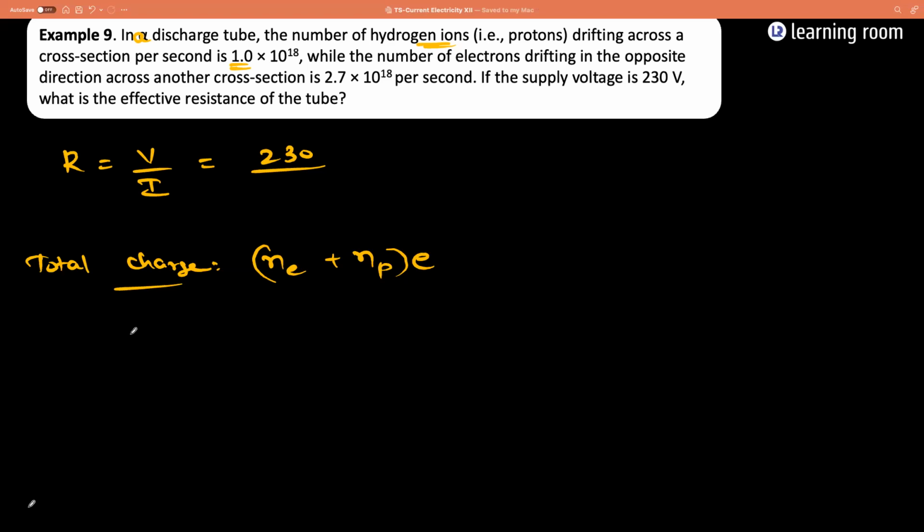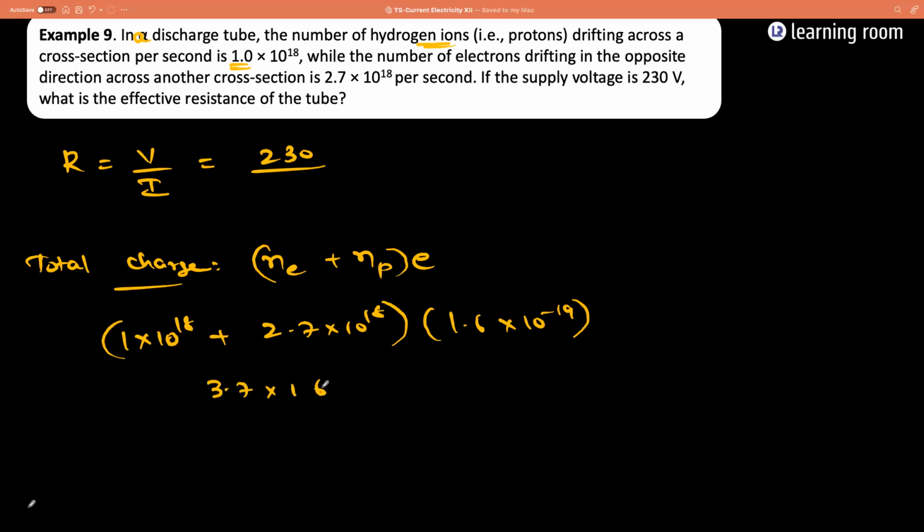So what is the number of protons that are flowing? 1 into 10 power 18, plus the number of electrons, 2.7 into 10 power 18, into what is the charge of each electron? 1.6 into 10 power minus 19. So how much will the answer be? 3.7 into 1.6 into 10 power 18 into 10 power minus 19. Right? That is going to give me the amount of charge.